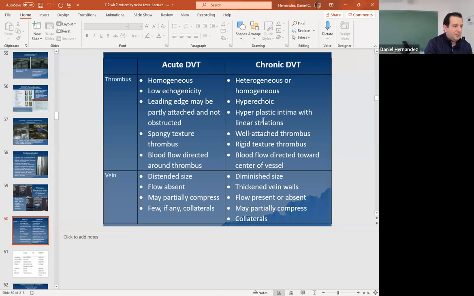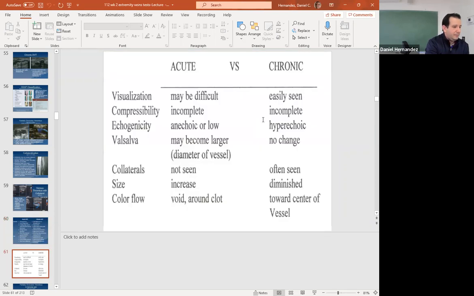So again, just another chart showing the difference between acute and chronic DVTs. Another comparing acute and chronic. Again, easily seen because they're echogenic, compressibility, both incomplete compressibility.